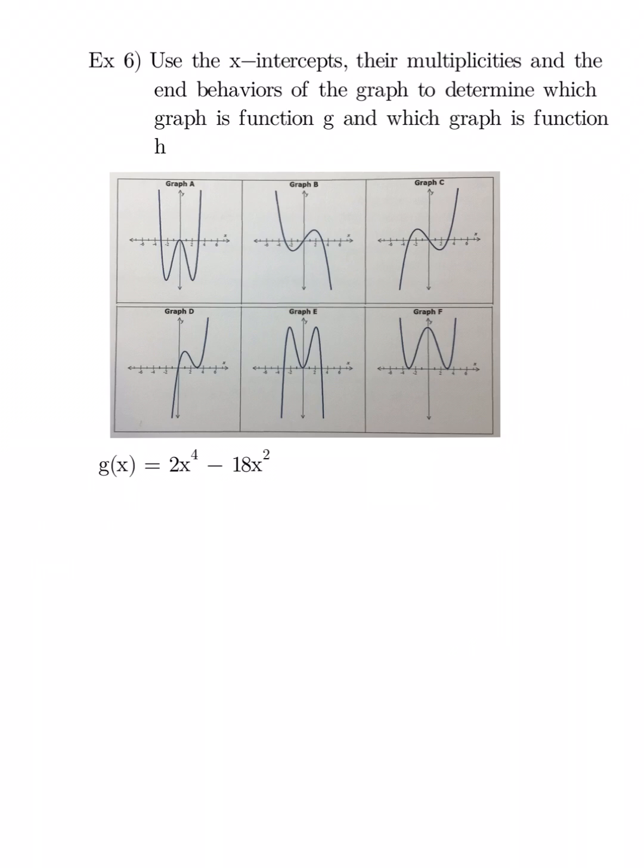So first, let's just look at the degree. The degree is 4. The leading coefficient is positive. If you have even degree, positive leading coefficient, you know that you rise on both ends.